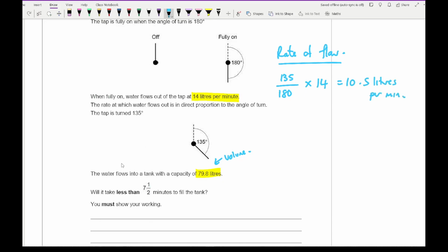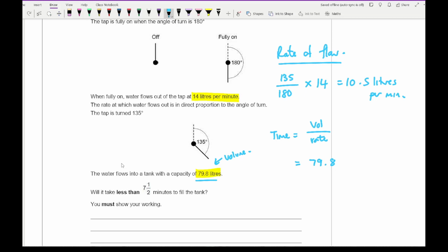So from this, now I've got my rate and I've got my volume. So here the time equals the volume divided by the rate. In terms of the units, I want the answer of time in minutes, so I need to make sure that my rate is in minutes, which it is. So here it's going to be 79.8, and for the volume as well, it's litres in the rate of flow, so it needs to be litres in the volume.